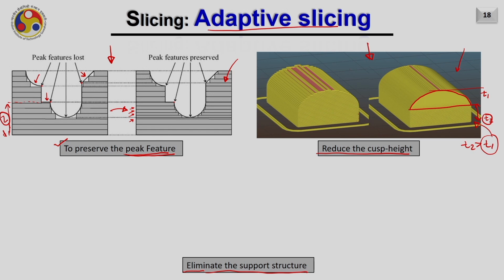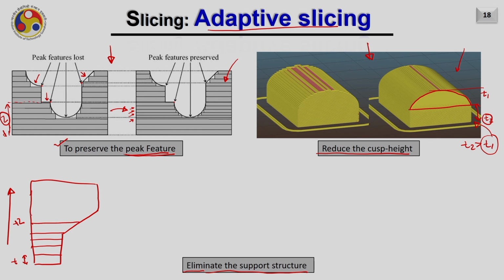Let us consider an example for this. If I want to build this particular part, and this is my build direction. Assume that my layer thickness is this much. This is my layer thickness, and I am building this part in a uniform layer manner. So these are my uniform layer thickness.